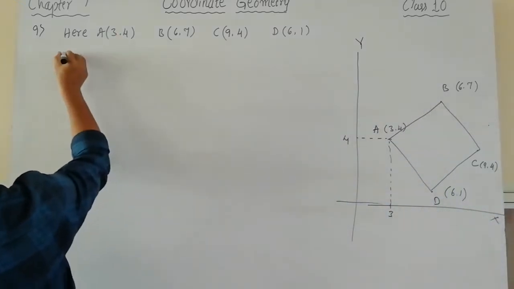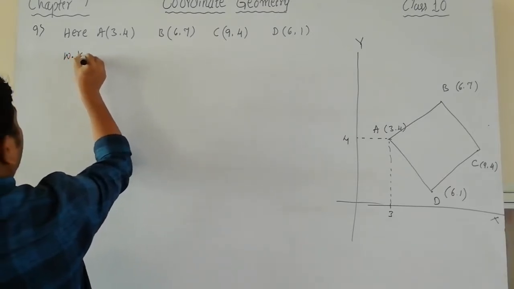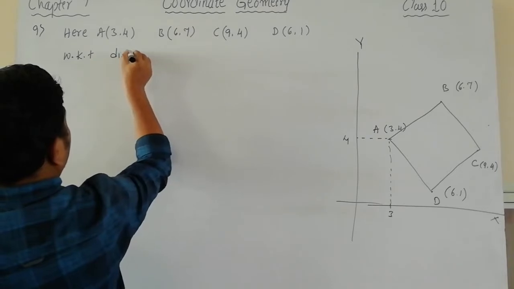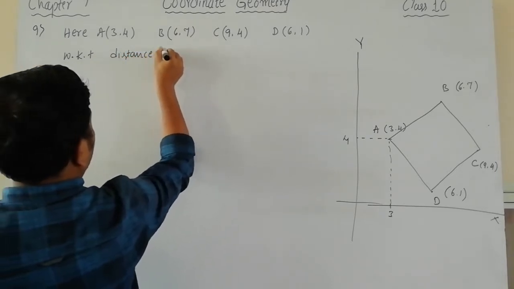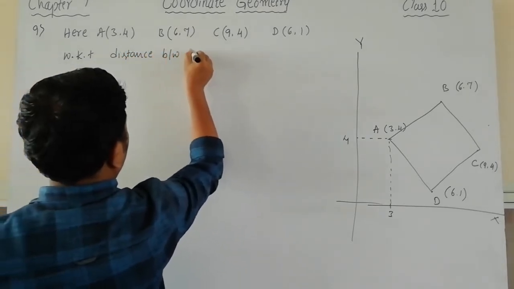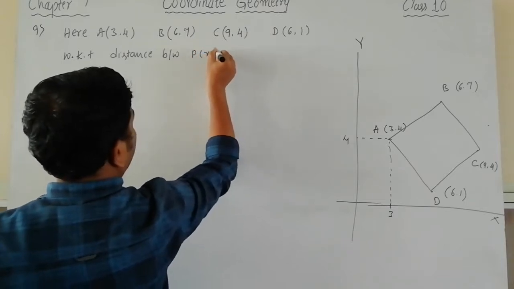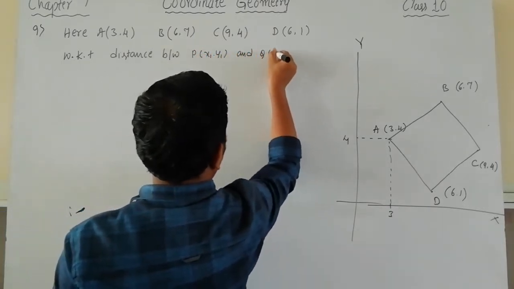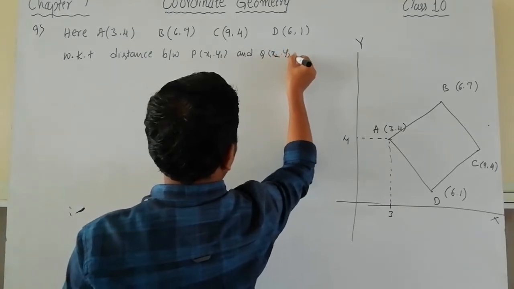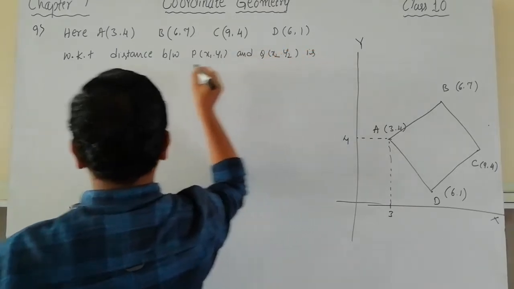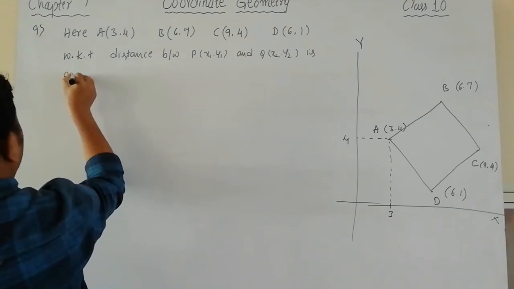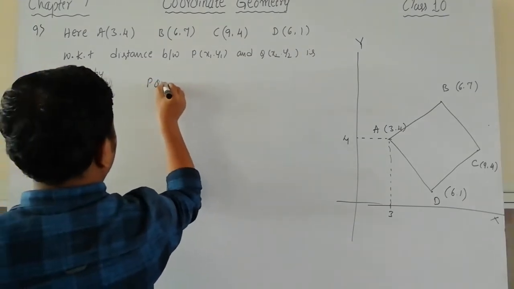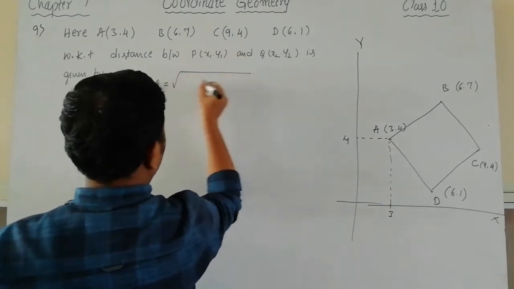Now look here. First you need to write down, we know that the distance between P(x1, y1) and Q(x2, y2) is given by PQ is equal to, this is the distance formula, square root of (x2 minus x1) whole square plus (y2 minus y1) whole square.